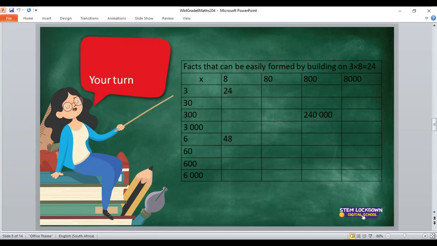Remember, I just gave you a technique that you can use: you look at the number of zeros between the factors that you are multiplying, and then you take your easiest multiplication. You go, okay, 3 multiplied by 8 is 24. How many zeros do I have? And then you add the number of zeros.